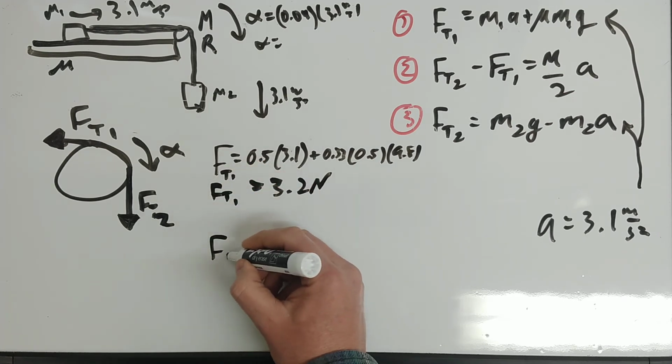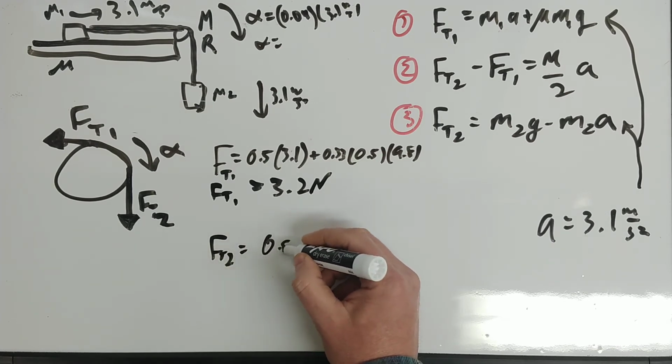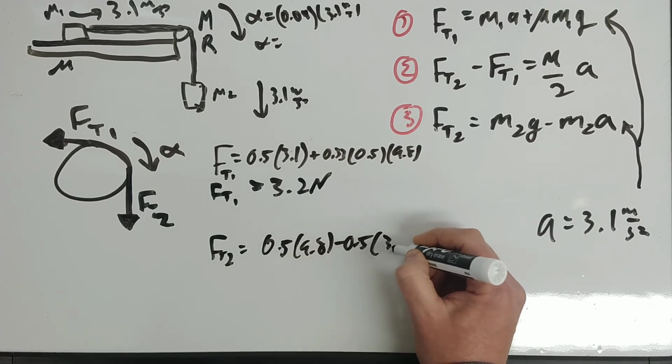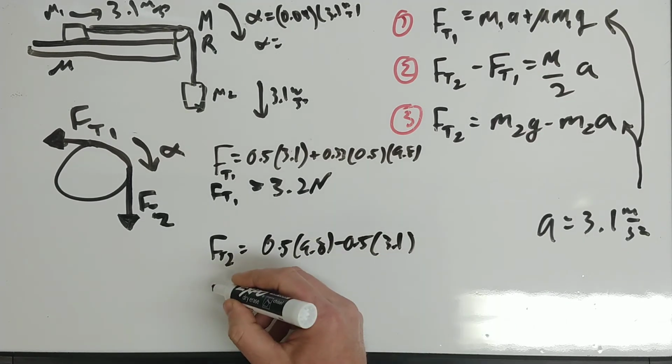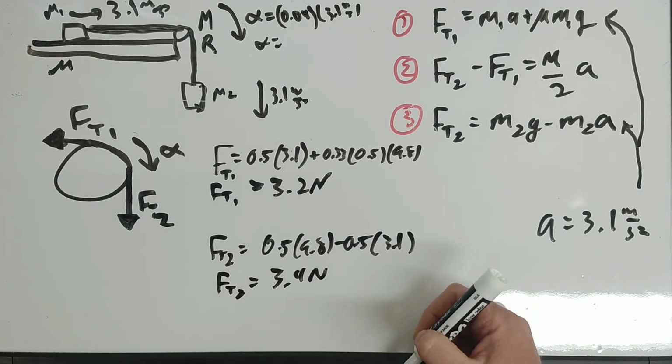And then FT2, plug everything in, you do 0.5 times 9.8 minus 0.5 times 3.1, and you get FT2 equal to about 3.4 newtons. Awesome.